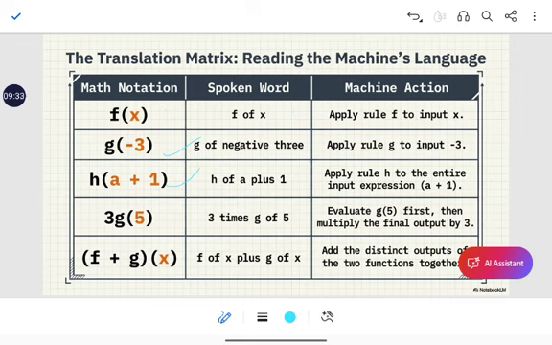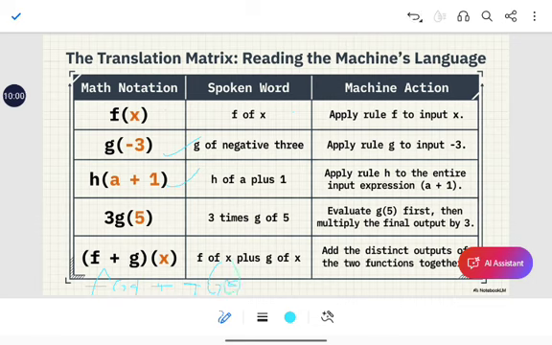f of x plus g of x. That is what it means. So you can also write it this way: f of x plus g of x.